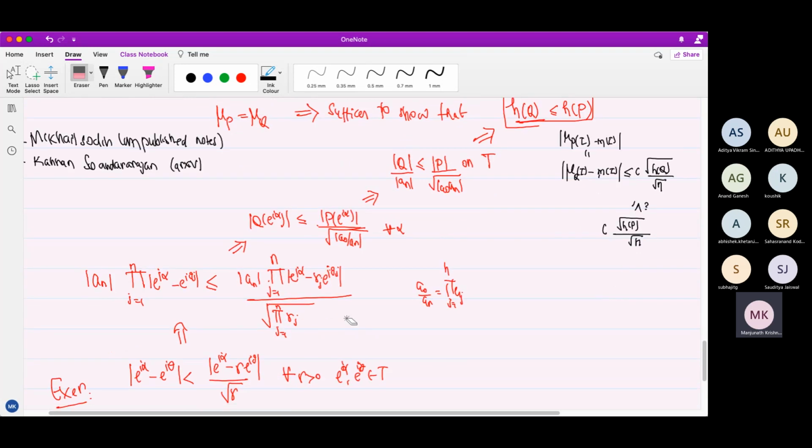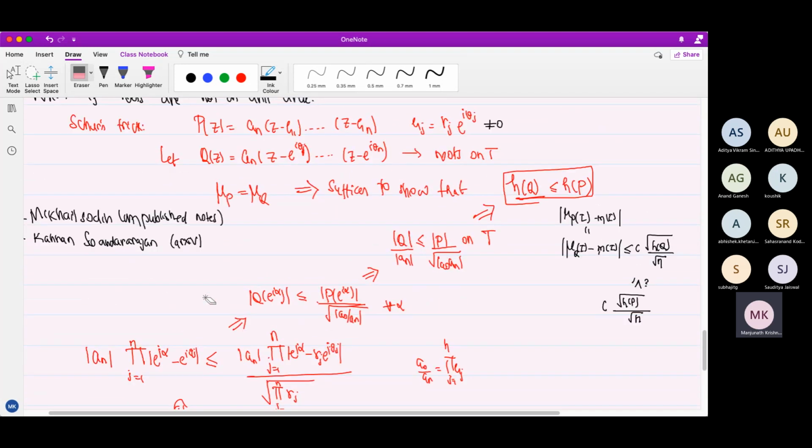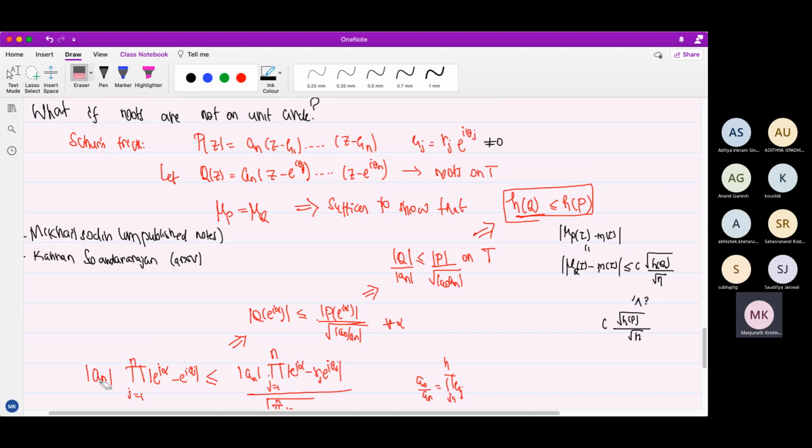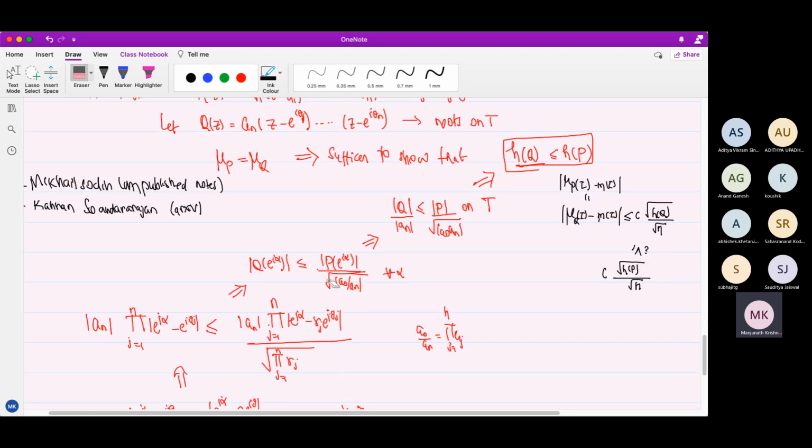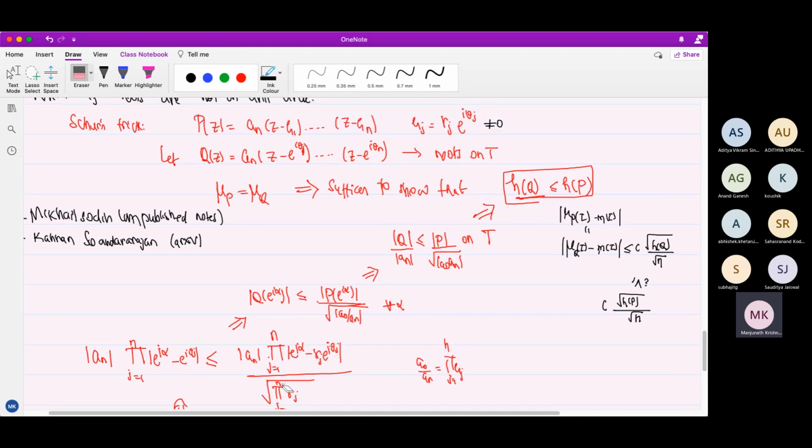Now you write everything in terms of the roots. Q of e to the I alpha is the product of an times e to the I alpha minus e to the I theta j. So put absolute values, and for P, put absolute values, mod an times e to the I alpha minus rj e to the I theta j, divided by square root of a naught by an, which is the product of the roots.